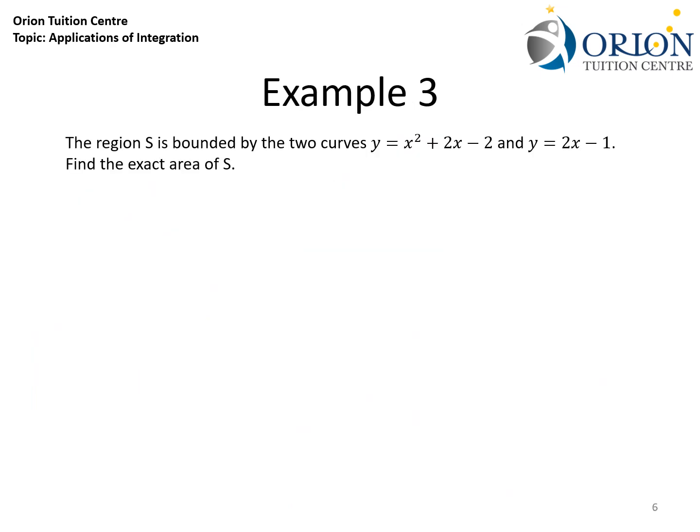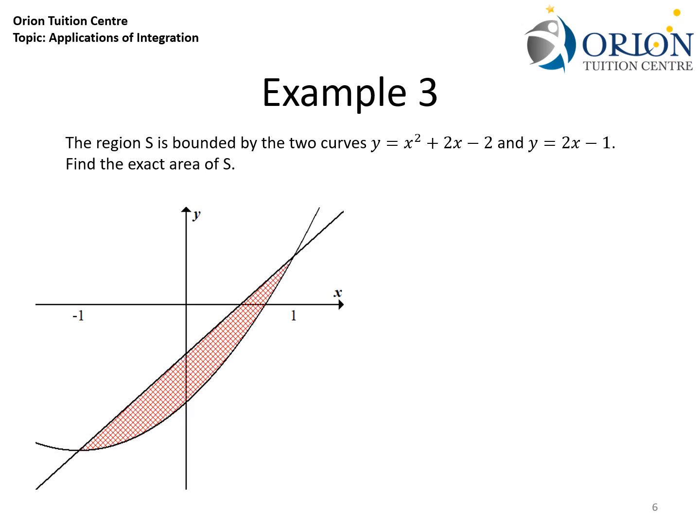In example 3, we are interested in the region bounded by the curves y equals x squared plus 2x minus 2 and y equals 2x minus 1. By drawing out the graphs, we can see that the region of interest is bounded by the two curves and the lines x equals minus 1 and x equals 1. Therefore, to find this area, we can simply take the integration of the upper curve, which is y equals 2x minus 1, subtracted by integration of the lower curve, which is y equals x squared plus 2x minus 2.